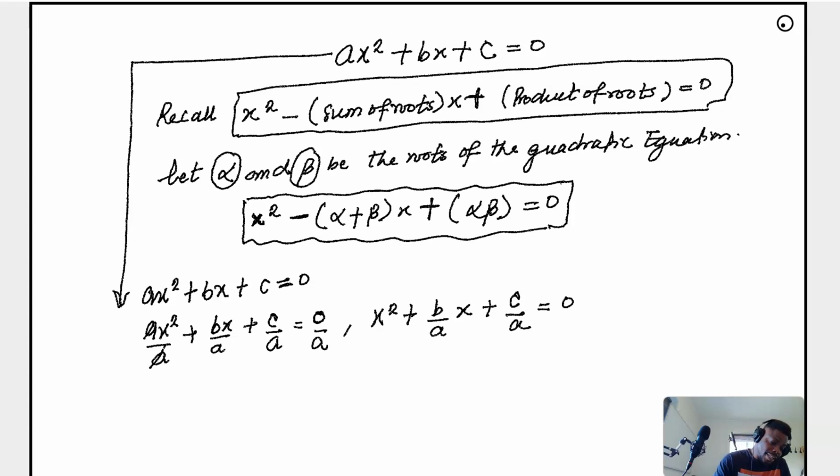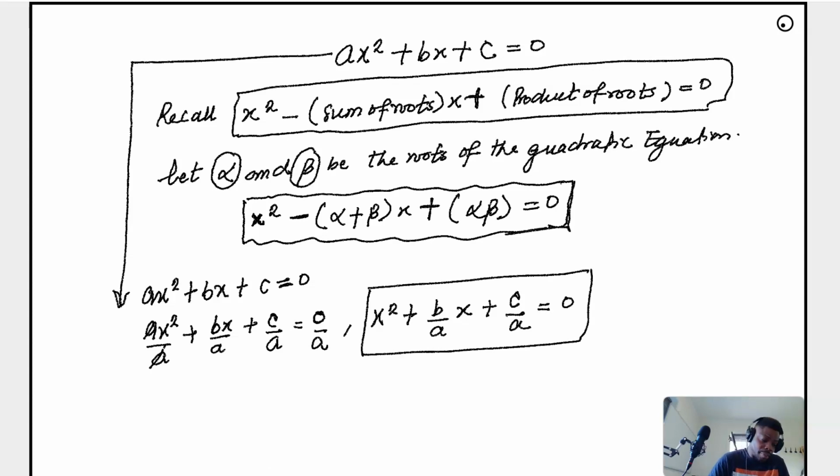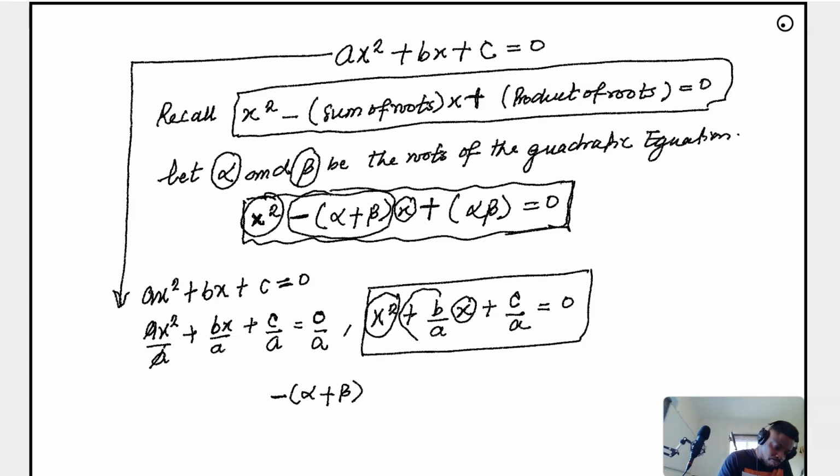So in this case, let's compare this one here with this. We want to compare them. So x squared is equal to x squared, right? Then x is equal to x, which simply means minus (alpha plus beta) will be equal to plus b over a. So in this case, we can divide through by minus. So alpha plus beta will be minus b over a.